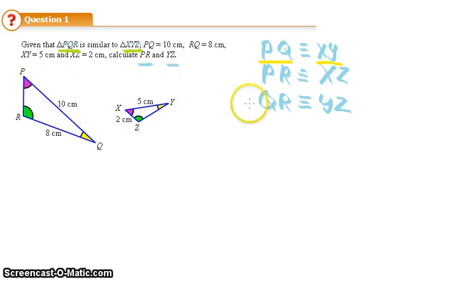But the only thing is XY is 5 and PQ is 10. I'm going to rewrite that all over again.